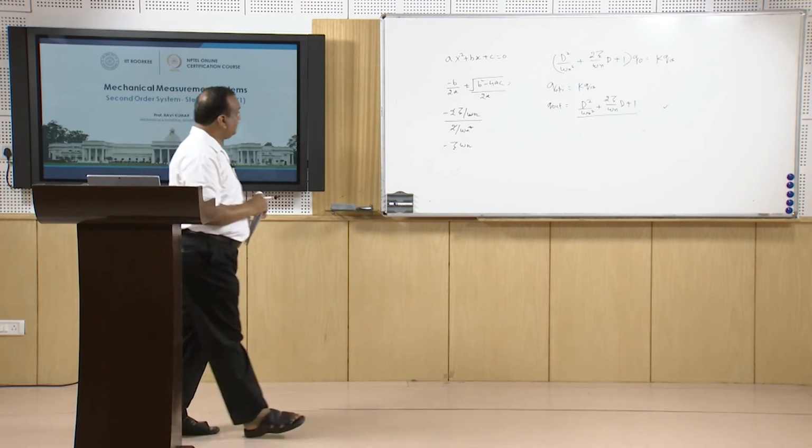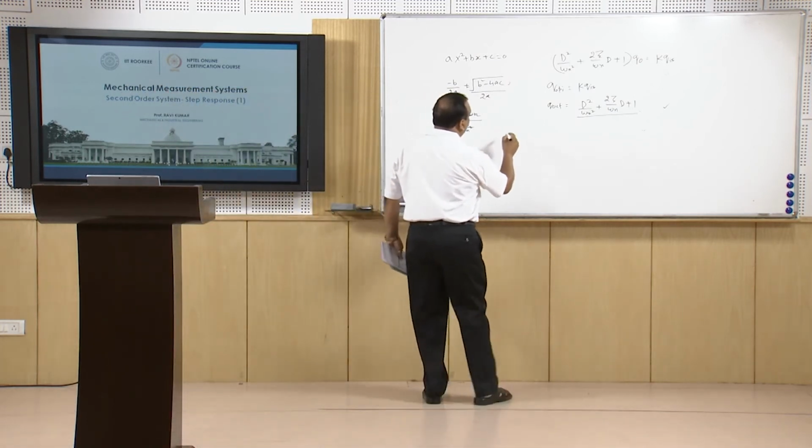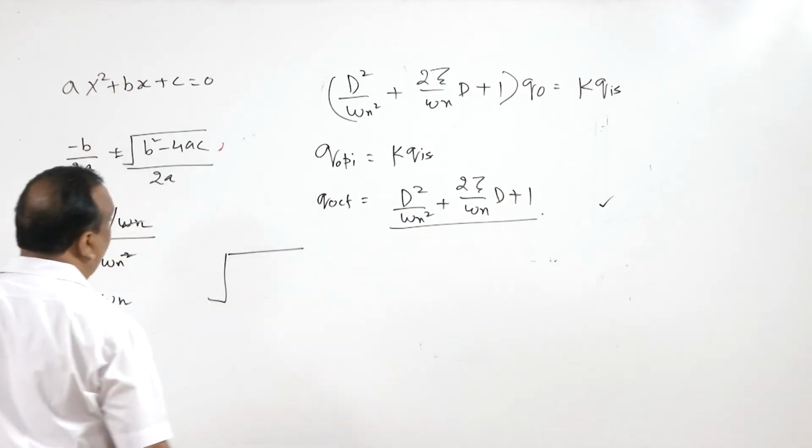Now the second part is b square minus 4ac.